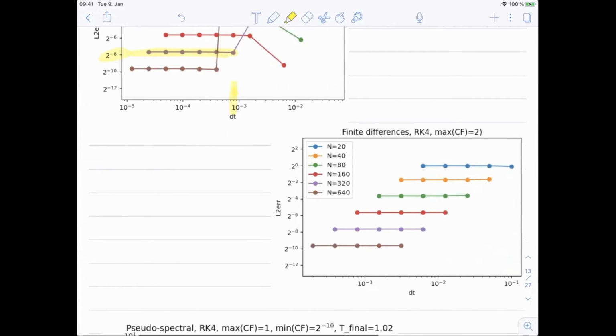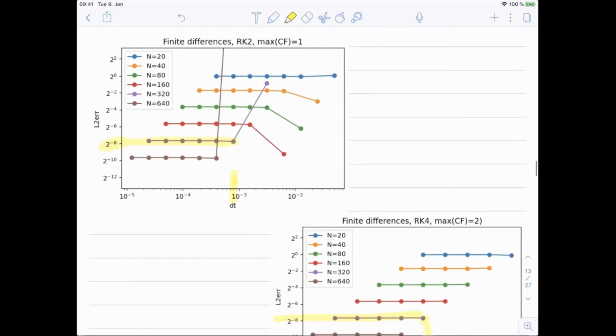Or with Runge-Kutta-4, we still get the same error 2 to the minus 8 with time steps approaching 10 to the minus 2. So we have gained a lot in being able to use larger time steps already when solving the equations. Here, by the way, you're seeing a different feature.